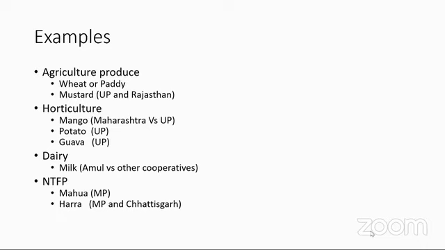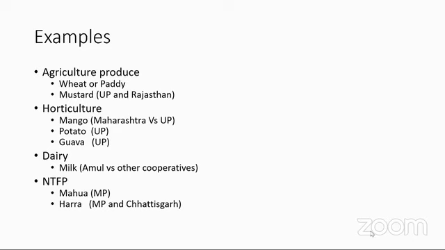That helps in increasing demand, which in turn helps in improving price realization for the farmers. But we are not sure whether that is effectively leading to improved income for the farmer.